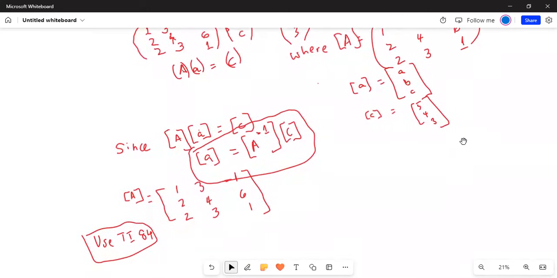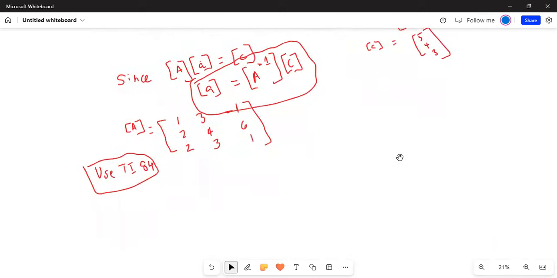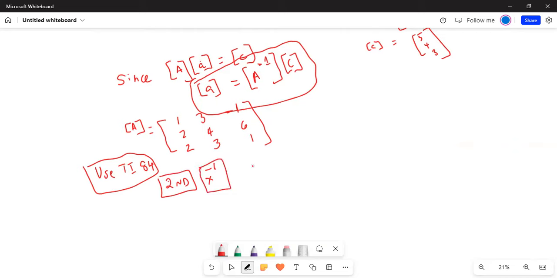Okay. So get some space. Press the second button, then the X minus 1 button, then highlight edit on the top row.